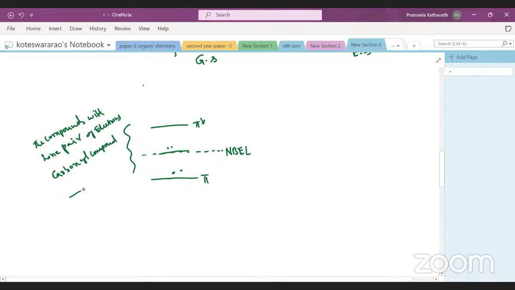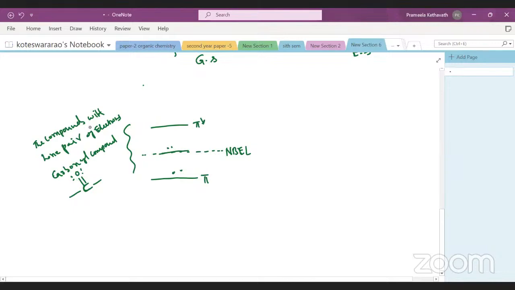If you see the compounds which have the oxo group, C double bond O, this oxo group has a sigma bond, a pi bond, and the lone pair of electrons on oxygen. In such a case, these lone pair electrons first undergo the electron transition, because these are loosely held electrons easily polarized by the energy.